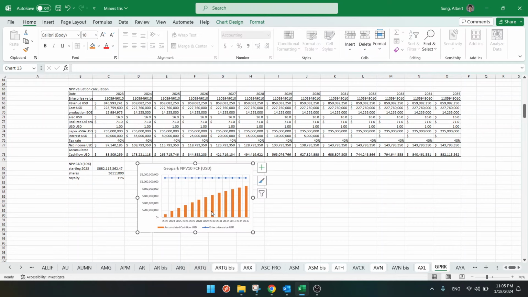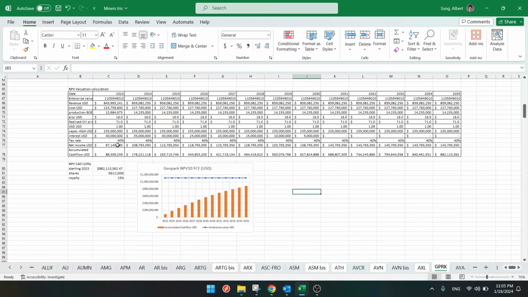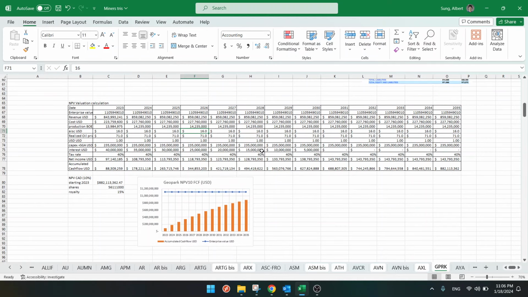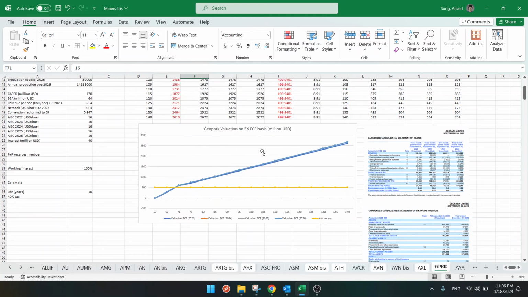And this is our chart. This is our NPV chart. Okay? It's as easy as this. All automated. And here we have the 5 times free cash flow chart.